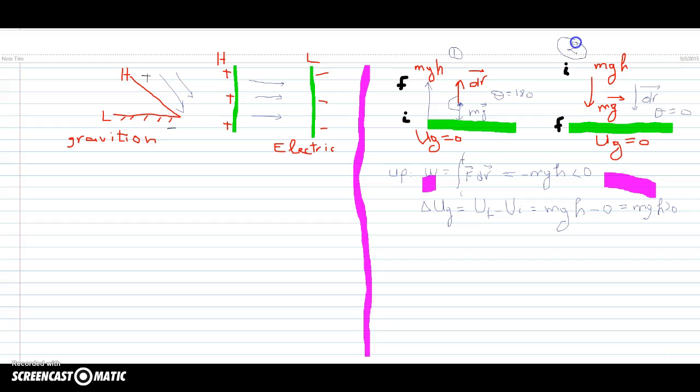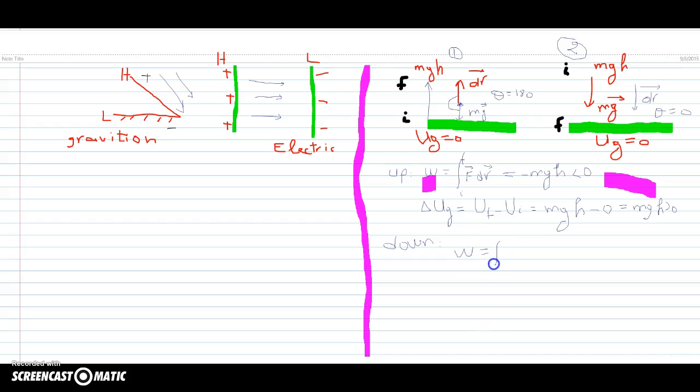So now the particle is going downward, and see the relationship between the work done by the gravitational force going downward and the change in potential energy of that particle. So when going down, I'm going to evaluate the work. What is the work? Well, the work is the same.